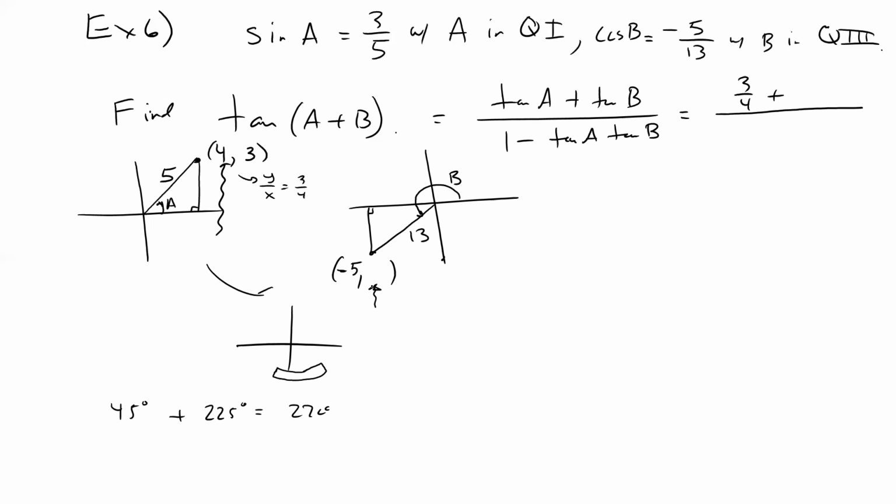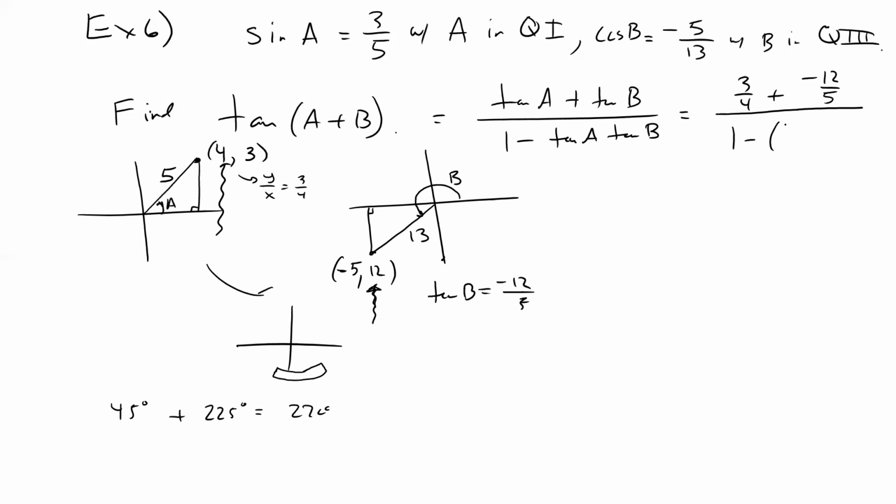Okay, 12 is good. Give me tangent of B. I'll go with that, right? It's the y over the x. So negative 12 over 5 is here.